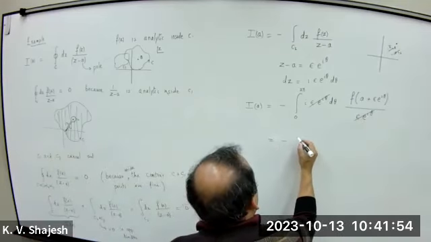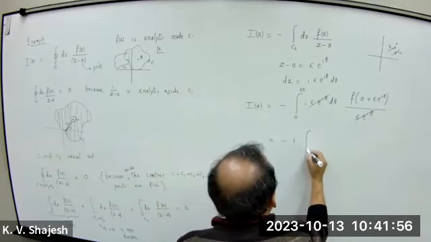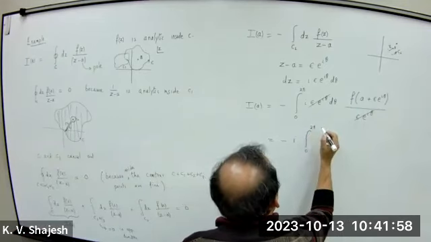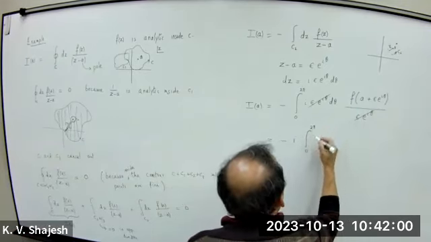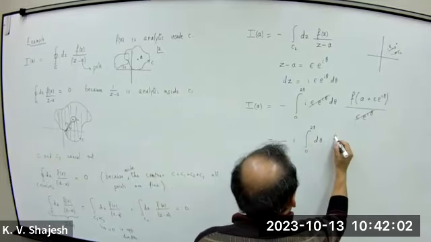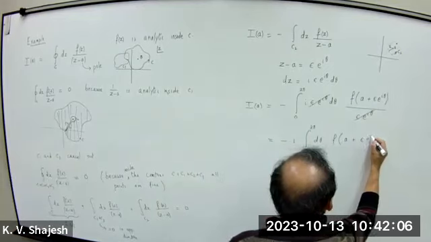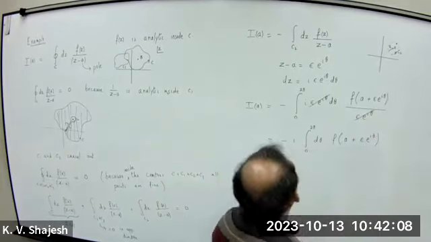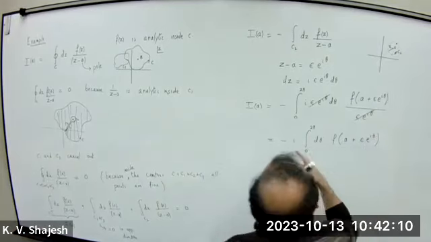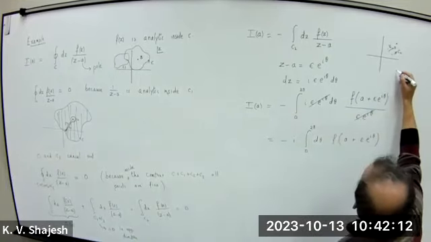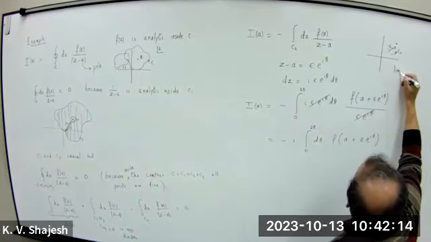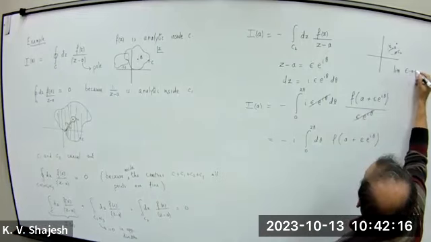This is minus i, integral from 0 to 2 pi d theta, and the function is a plus a very small quantity. I'm really taking the limit, so I should write limit epsilon tends to 0.